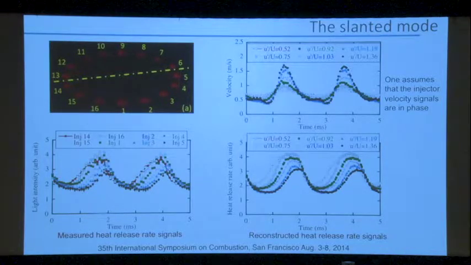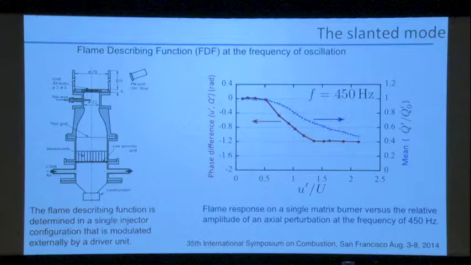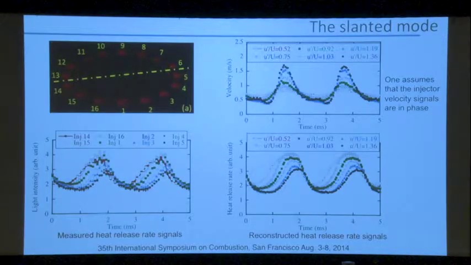One assumes that at the injectors, the velocity signals are in phase, but because of this behavior here, as you increase the level of oscillation of the velocity, you put a phase in which is different for the different levels of velocity, and you get something like that.